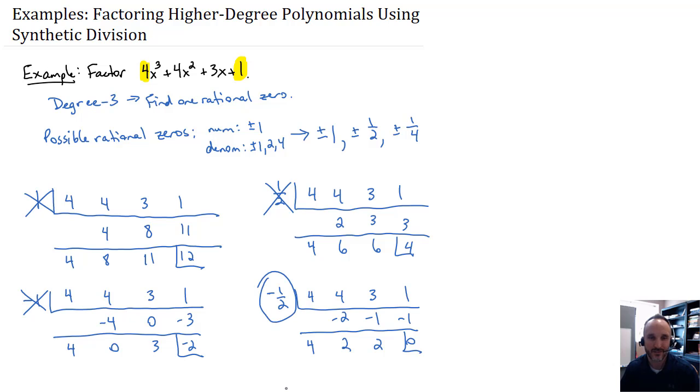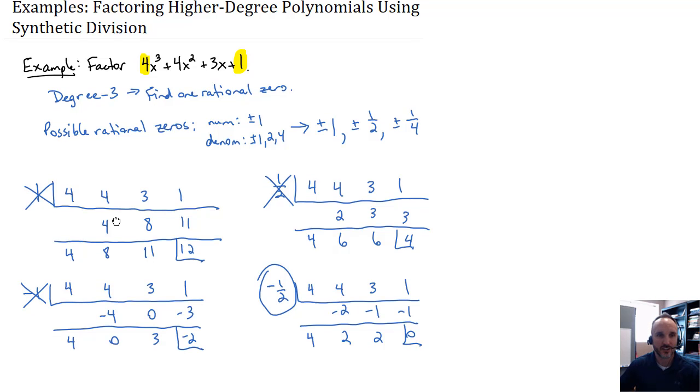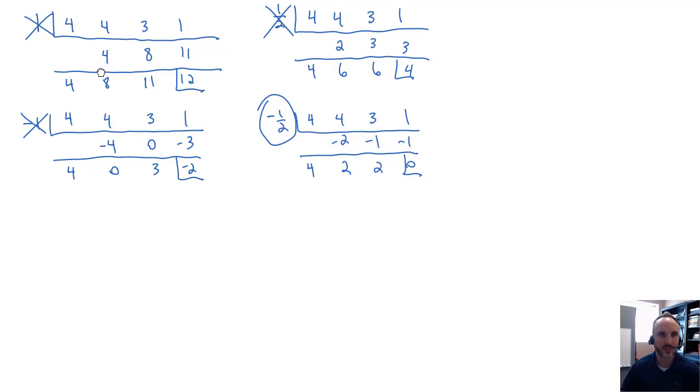Negative 1/2 is a 0. So we found our one rational zero, and now since we've divided, the result should be degree 2. We started with an x cubed polynomial, and when we divide, we get an x squared polynomial, 4x squared plus 2x plus 2.